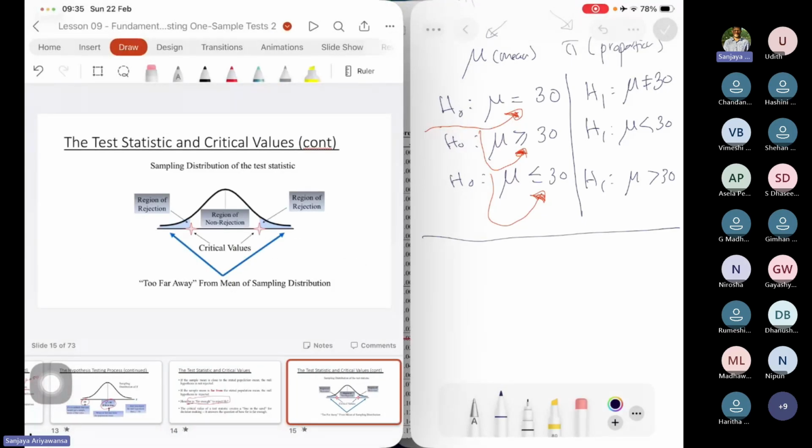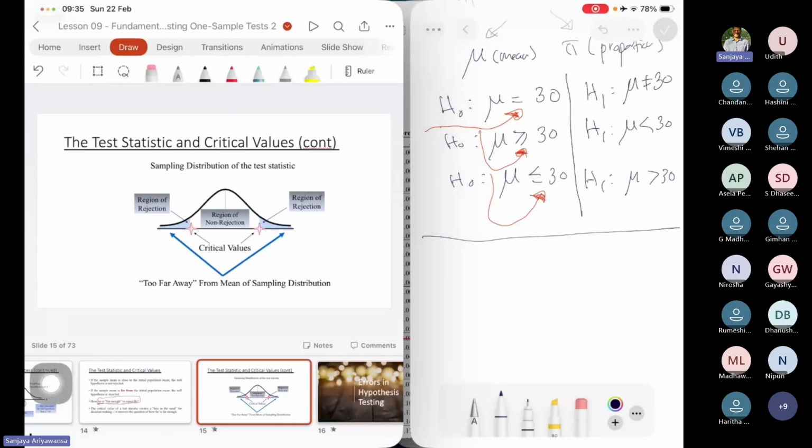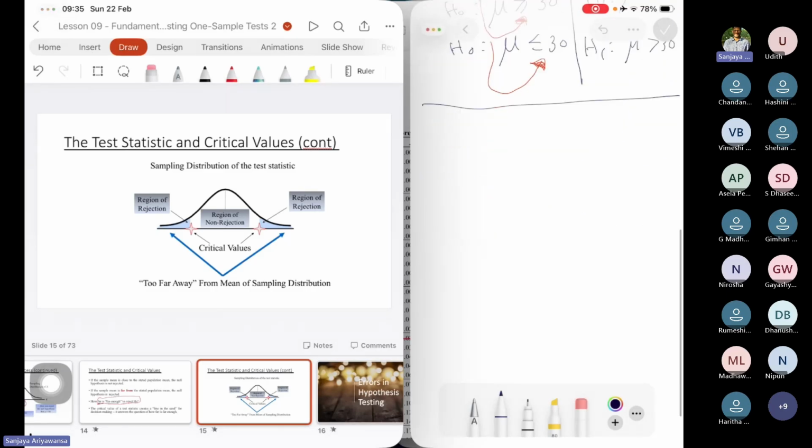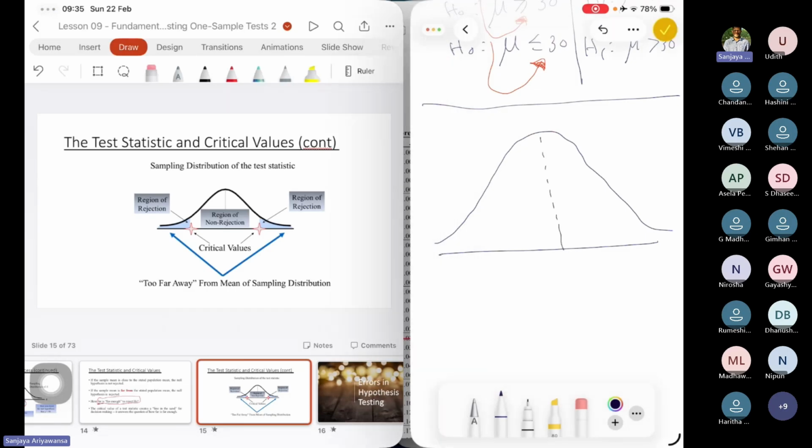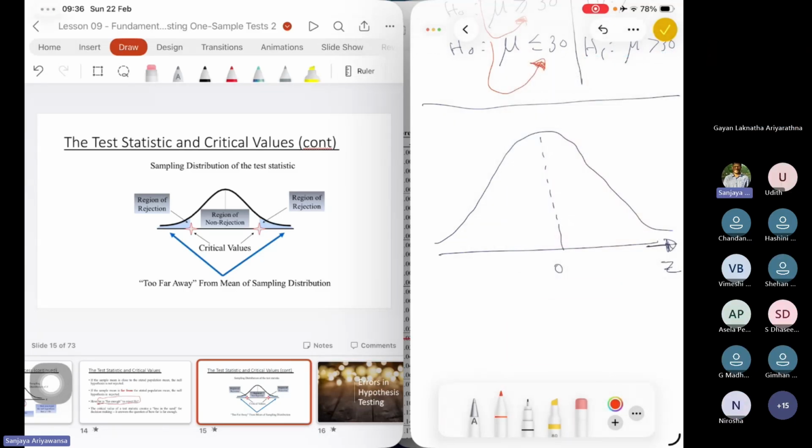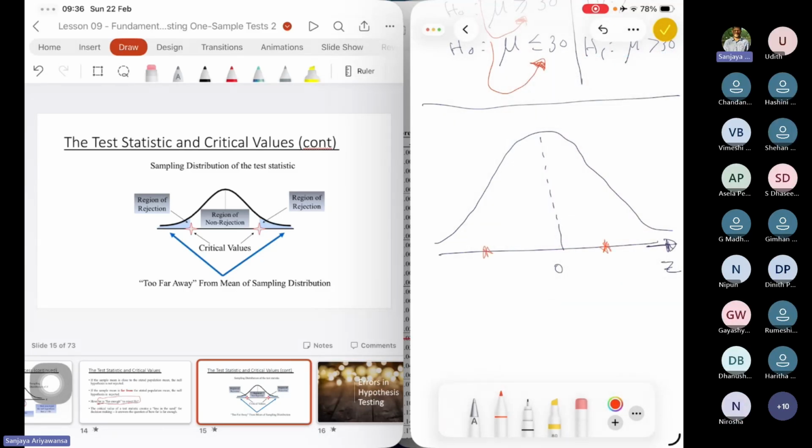So we come up with something called critical values. If I were to draw that, we are looking at normal distributions. Standard normal distribution, you have 0 here. The axis over here is Z. And we have to figure out a critical value on either side.